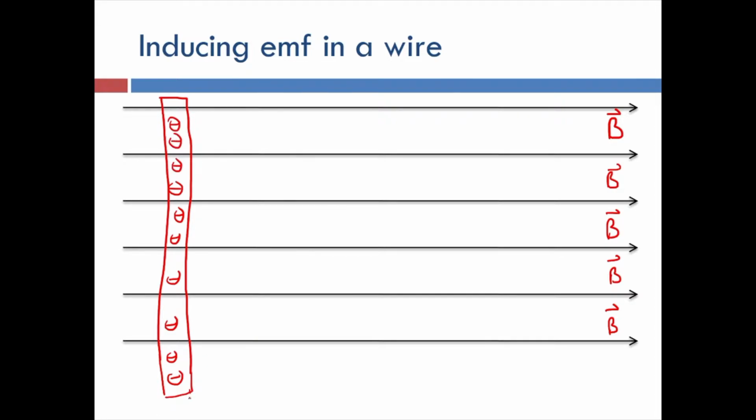If I were to move this wire, or if I were to move the magnetic field in a perpendicular motion, so let's say that the direction of motion is out of the page.